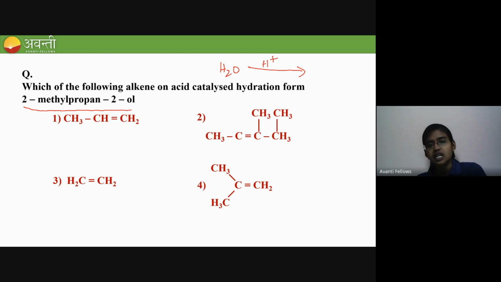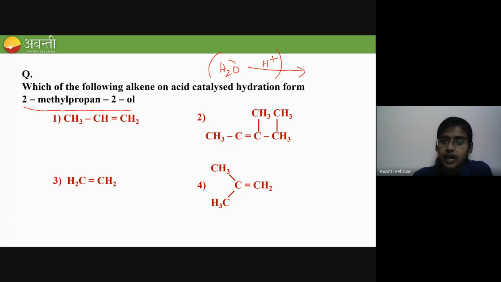Some of you might have already come across this reaction. Only Hyderabad and Shillong region students might not have known this. So other students can answer this question, I think. Can you try for the answer? Which alkene will lead to this product? Here also you have to follow the same Markovnikov addition only.